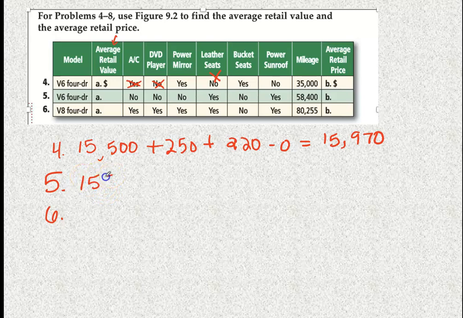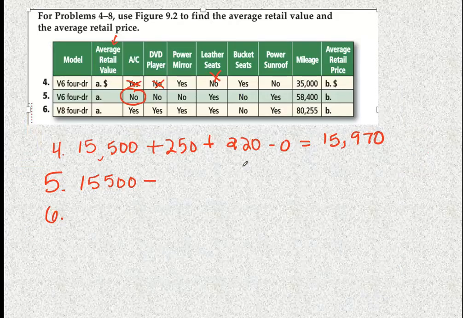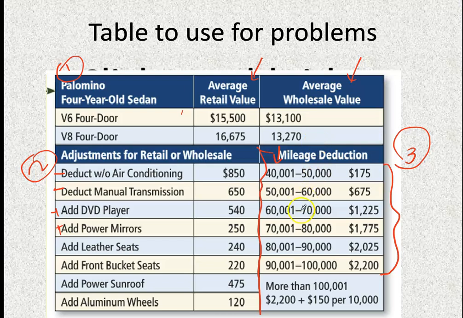This is again the same number we're starting with, but it doesn't have AC. So if it doesn't have air conditioning, it's $850. So I'm going to subtract $850. For leather seats, add $240. For power sunroof, I get $475. Now here's my mileage. Okay, now I'm going to go back to my chart and look at that. Mileage falls between 50,000 and 60,000.